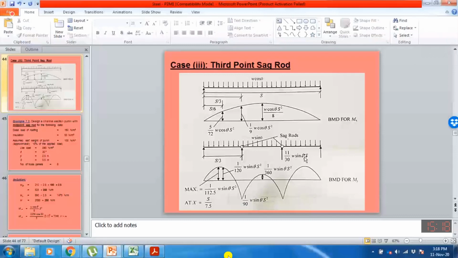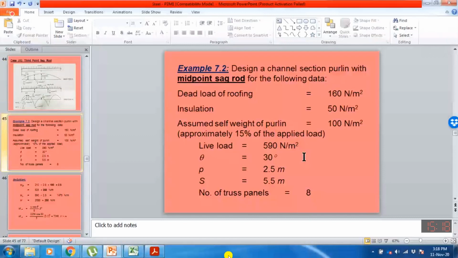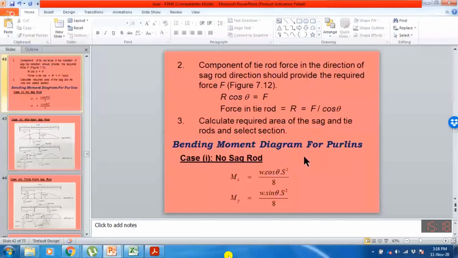And how to design the sag rod? So this is the force in the sag rod.